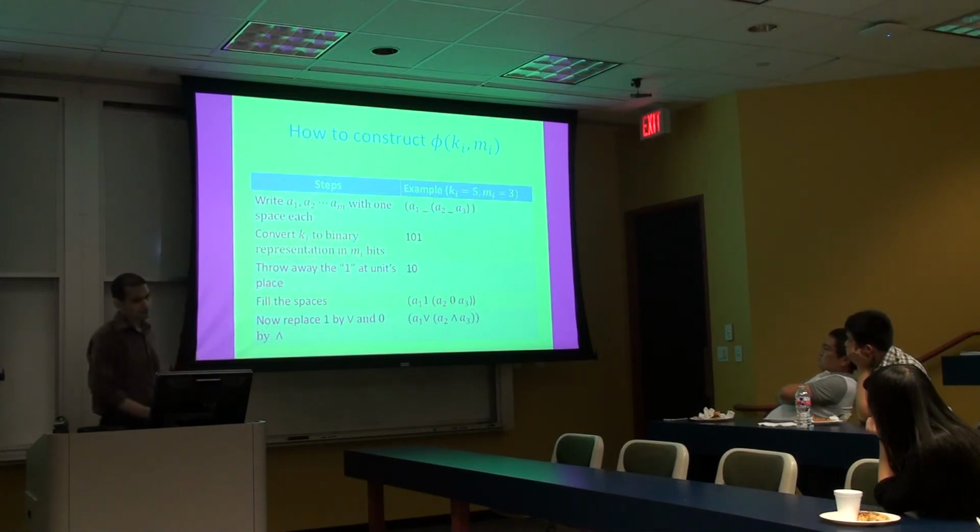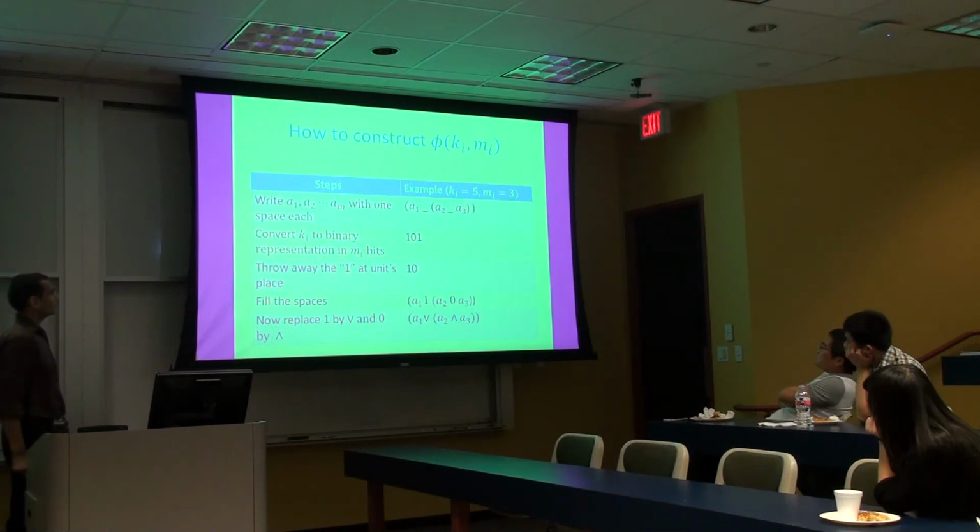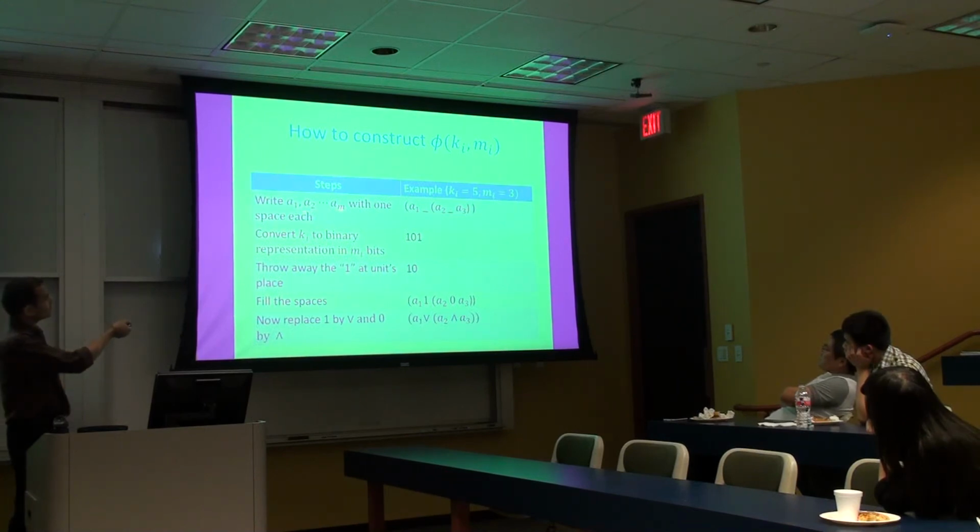On this side I'll be presenting the steps of the algorithm, on the other side the examples. Let's say we want to construct P of ki comma mi. So it should be mi. We had to introduce new variables, so we write a1, a2 to ami. And in all of those we leave one space.